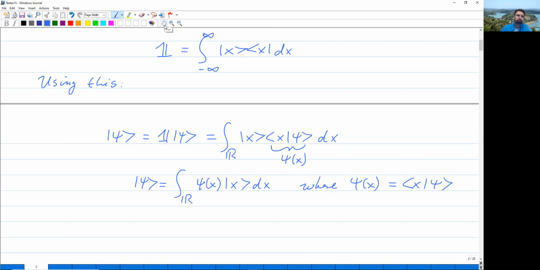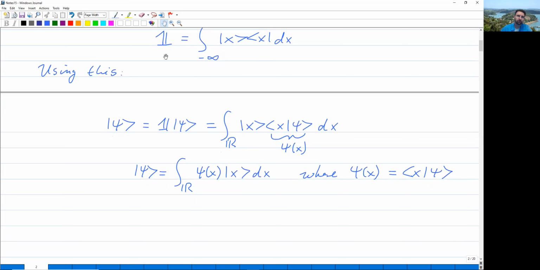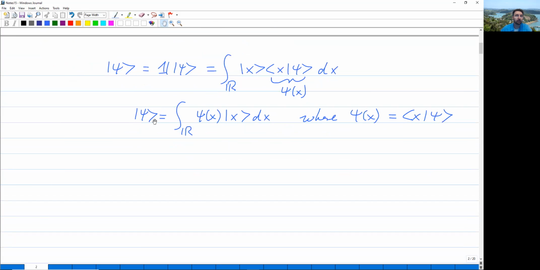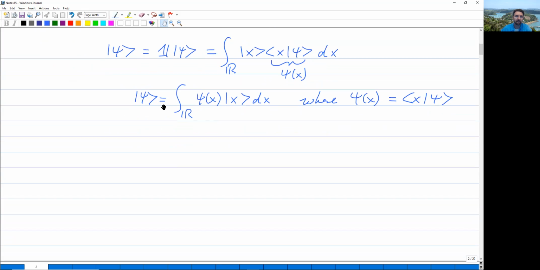Now, we can also use the resolution of the identity to express inner products and operators in the position basis. Let's do it now explicitly for the position basis. Later we'll do it a little faster for the momentum basis, and then for all other bases. I assume you know how this works. You just express your identity in terms of the basis vectors and then insert that wherever you want to change to that corresponding basis.